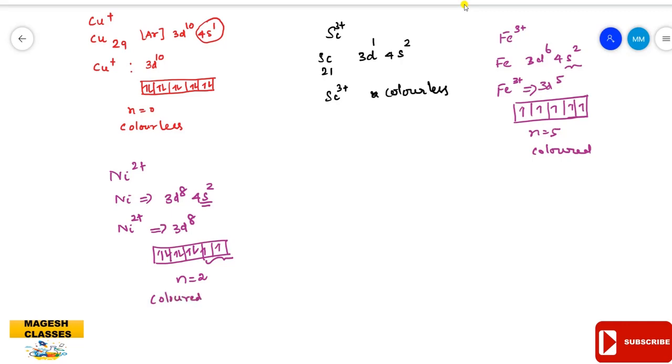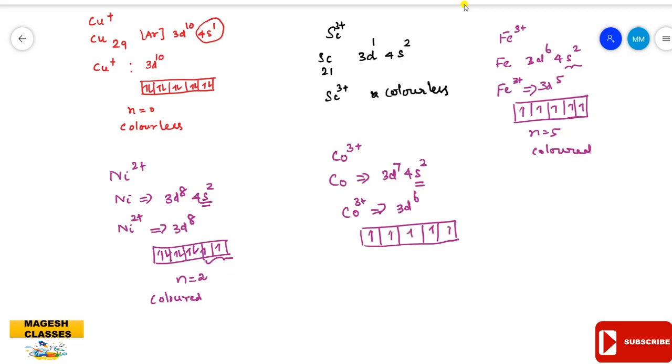The next one, cobalt 3+. Cobalt, atomic number 27, has 3d7 4s2. Cobalt 3+ is formed by losing these 2 electrons and 1 electron from the d orbital, so it will be 3d6. Filling the orbitals, it has 4 unpaired electrons. So it is colored.